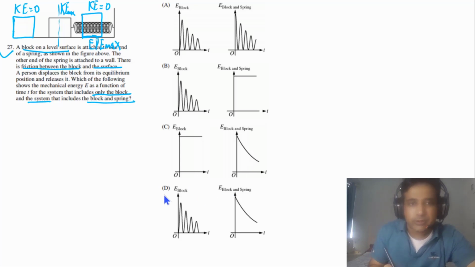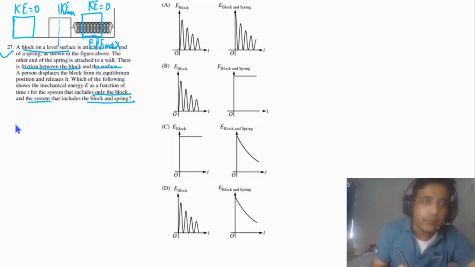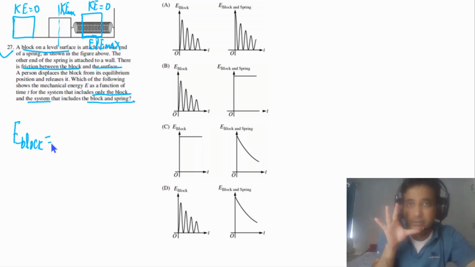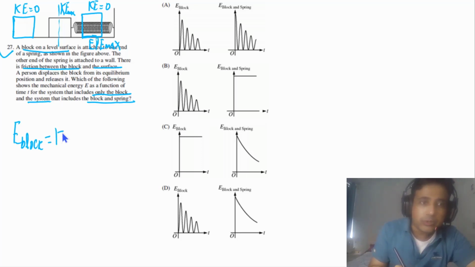So for this question, we need to find out mechanical energy as a function of time for the block only. So we can write down here E block. Energy of the block, the mechanical energy of the block only, is equal to the kinetic energy.